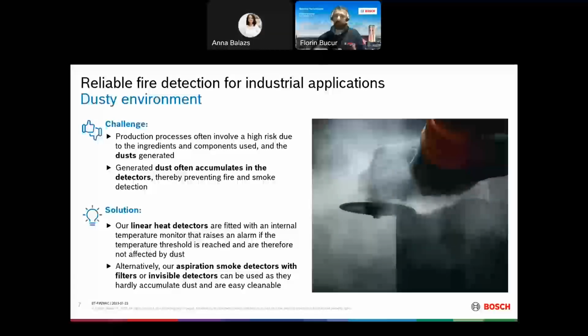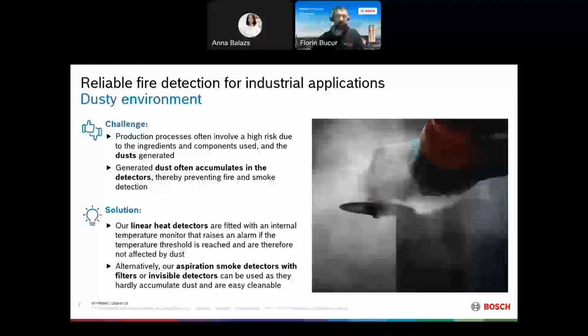So all the detection is done, let's say, in an area 5 centimeters below the detector. The detector is flush mounted to the surface. It doesn't have any physical optical chamber that will collect the dust. And this is also an easily maintained detector. I will come back to it at a later point during the presentation.